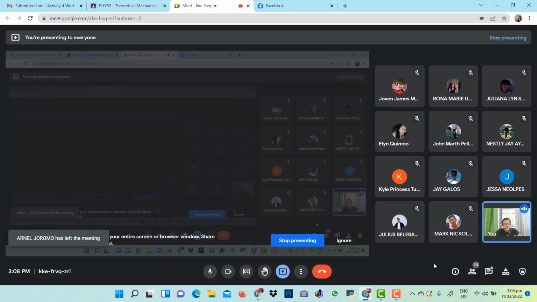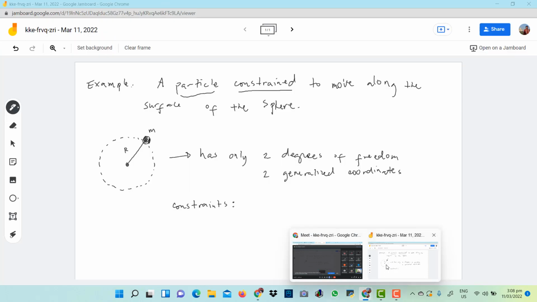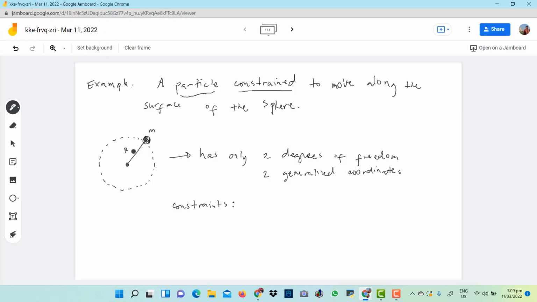In this case, it's not a force of constraint, but an equation. Take note, the r is fixed. So the equation of constraint is the equation of the radius r. In 3 dimensions, the equation for our radius r is r squared equals x squared plus y squared plus z squared. The radius of this sphere in terms of Cartesian coordinates is equal to this.